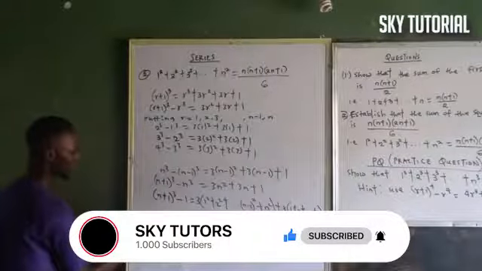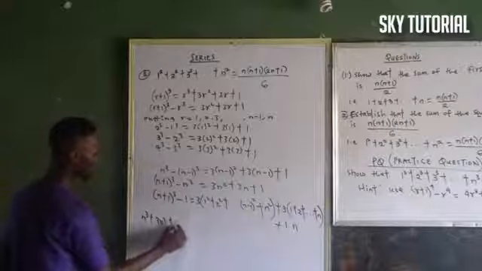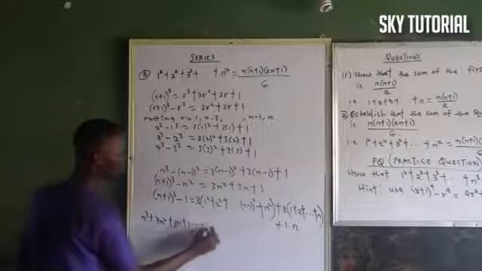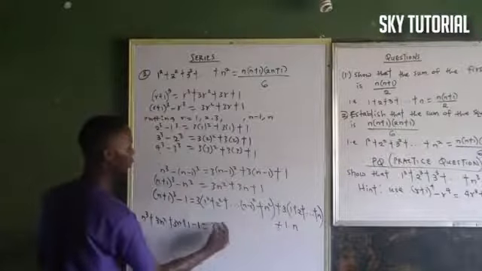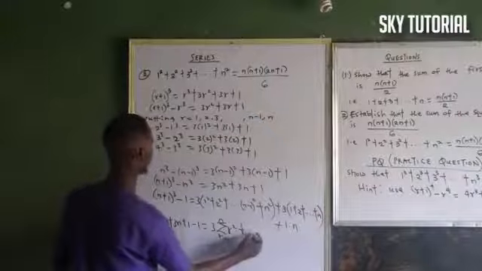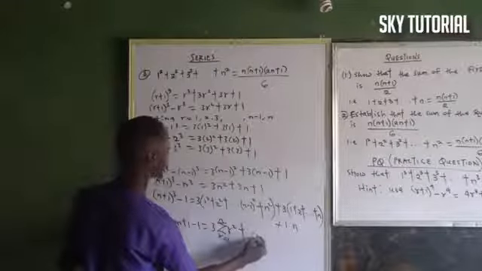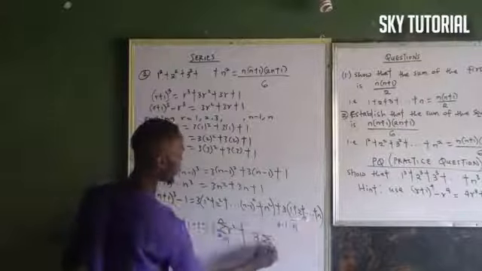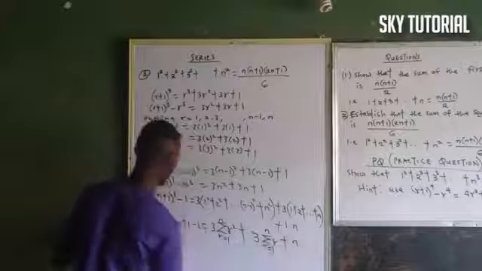So this one, when we expand, we have n^3 + 3n^2 + 3n + 1 - 1 equal 3. This one simply means summation r = 1 to n of r^2, plus 3. This one simply means summation r = 1 to n of r, plus this time is n.